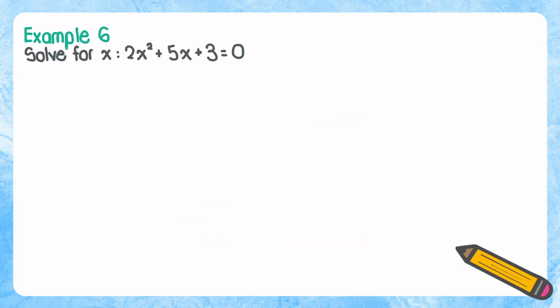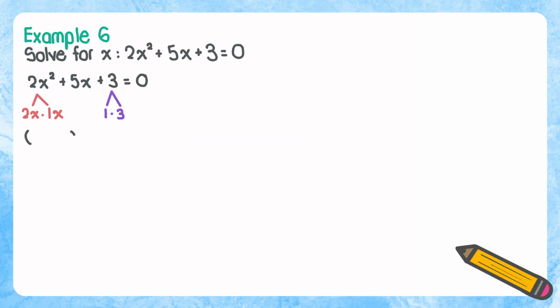Next example, again, we want to factor first using the method of exhaustion. So I have 2x squared plus 5x plus 3 equals 0. For the 2x squared, there's only really one option. I'm going to do 2x times 1x. And then the factors of 3 are just 1 and 3.